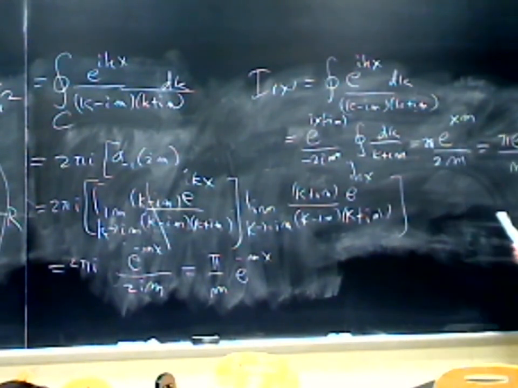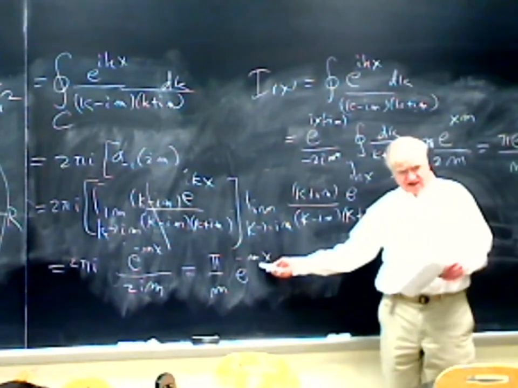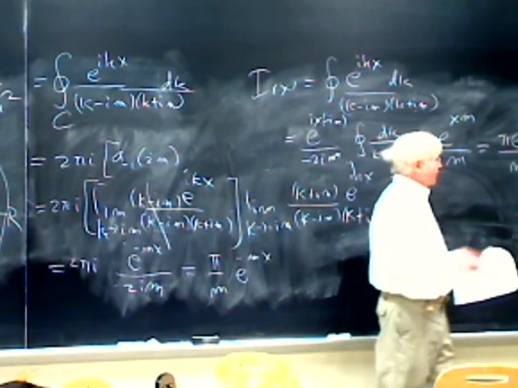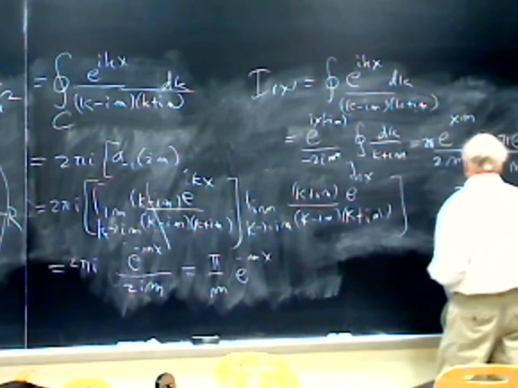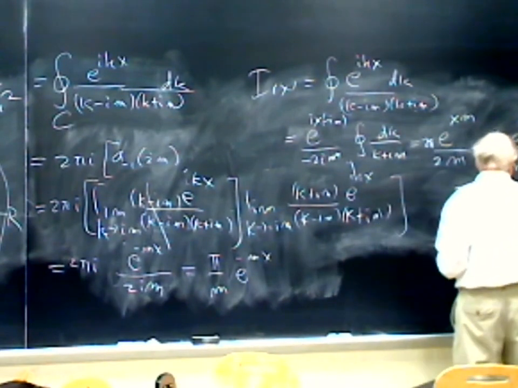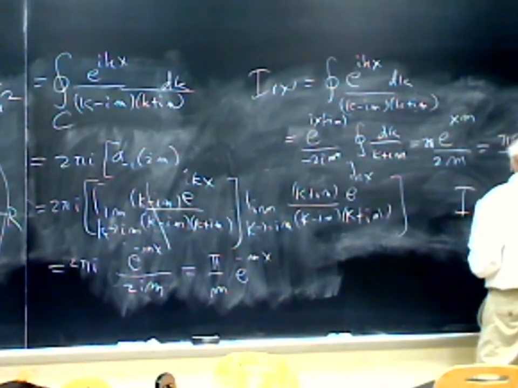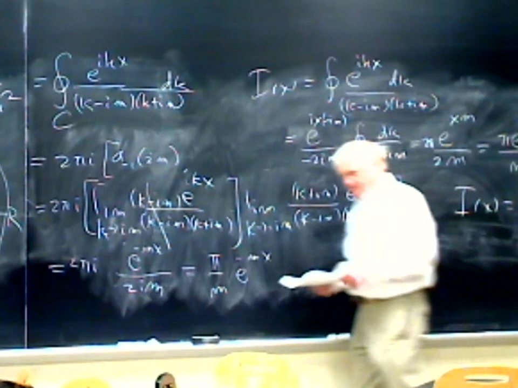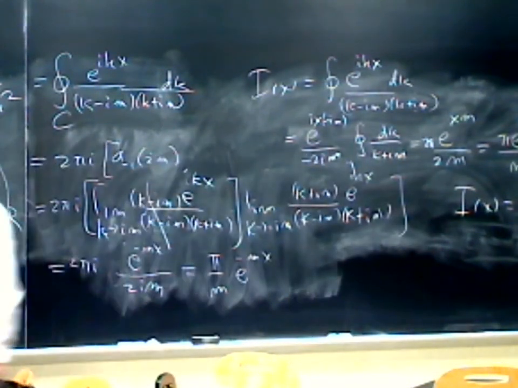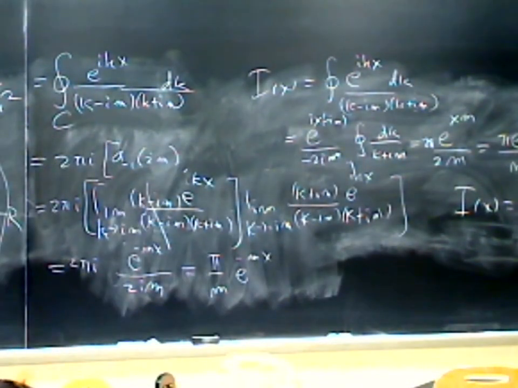But this is the case x less than 0. Case x positive is this. So the general case is that I of x is pi over m e to the minus m absolute value of x. So that's the full integral. Now, some of you have frowns, so do ask your question, and I'll go over in more detail the part that I went over too quickly.